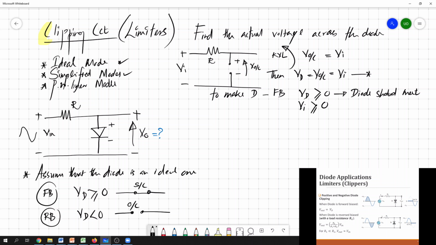So this is the condition: if the input voltage is greater than or equal to 0, then this diode becomes forward biased. Similarly, to make the diode reverse biased, we know that the input voltage should be less than 0.